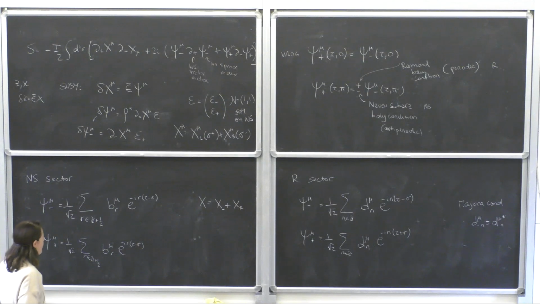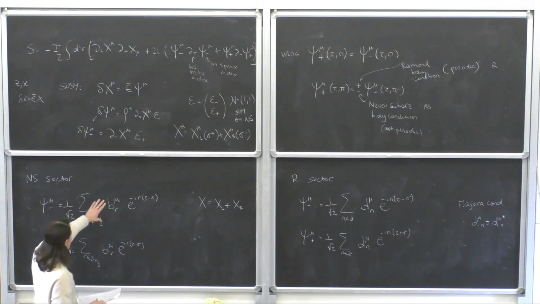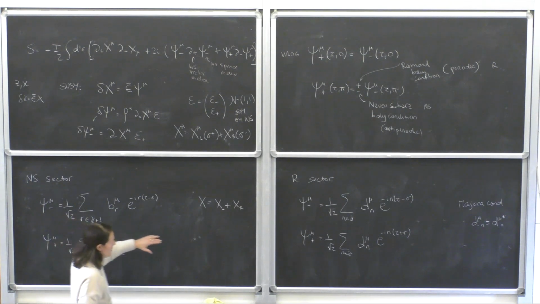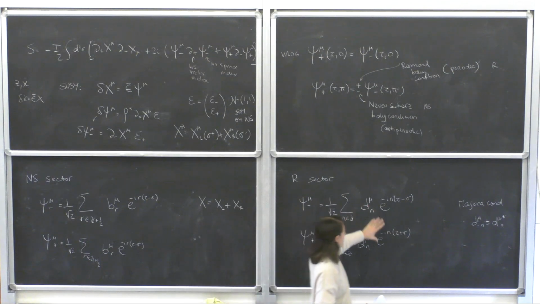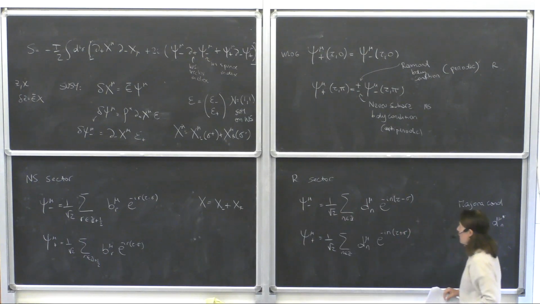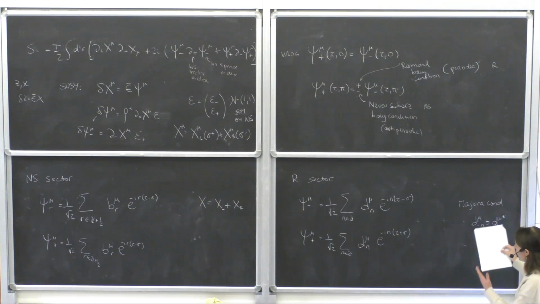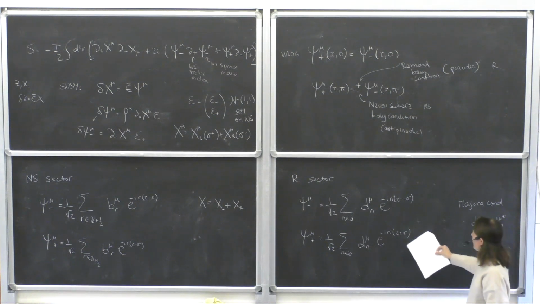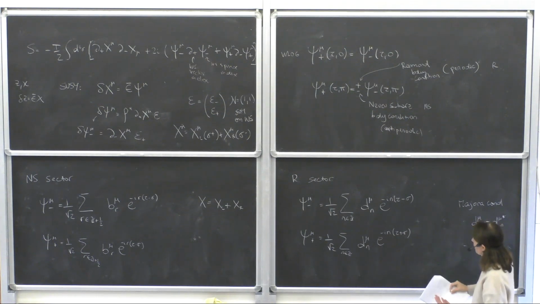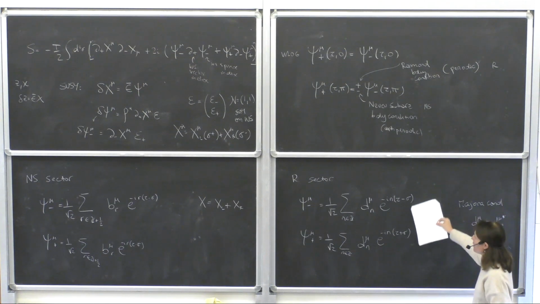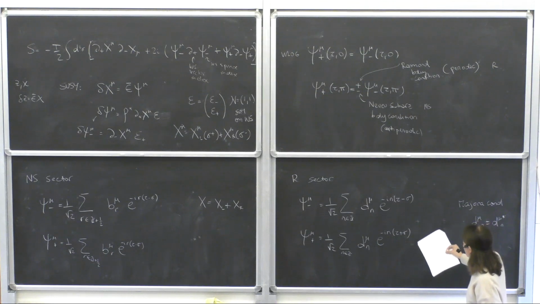And so the expansion is the same as this for the x's. And then when you sum them, depending on Dirichlet or Neumann, you get cosines or sines of sigma.